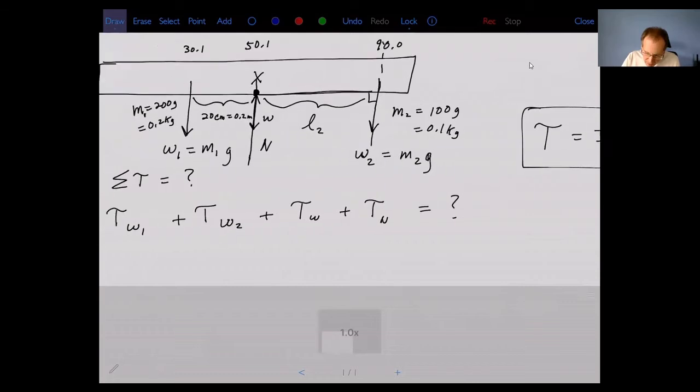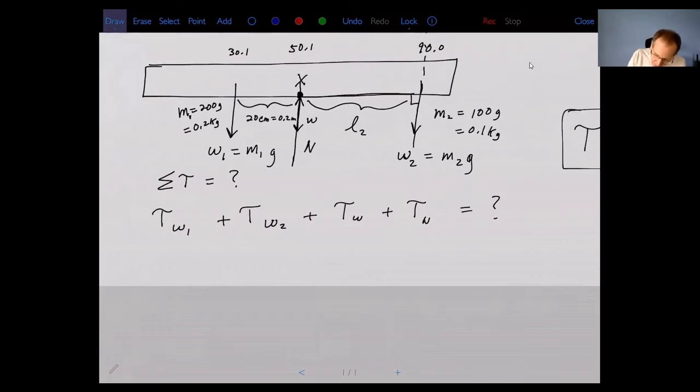If you look at this picture, both the weight of the meter stick and the normal force pass right through the axis of rotation. So what's the moment arm for both of them? It's 0. Neither of them has a moment arm, so neither is going to contribute a torque about that point of rotation. So these 2 terms are 0 because their moment arms are 0. There's no torque.